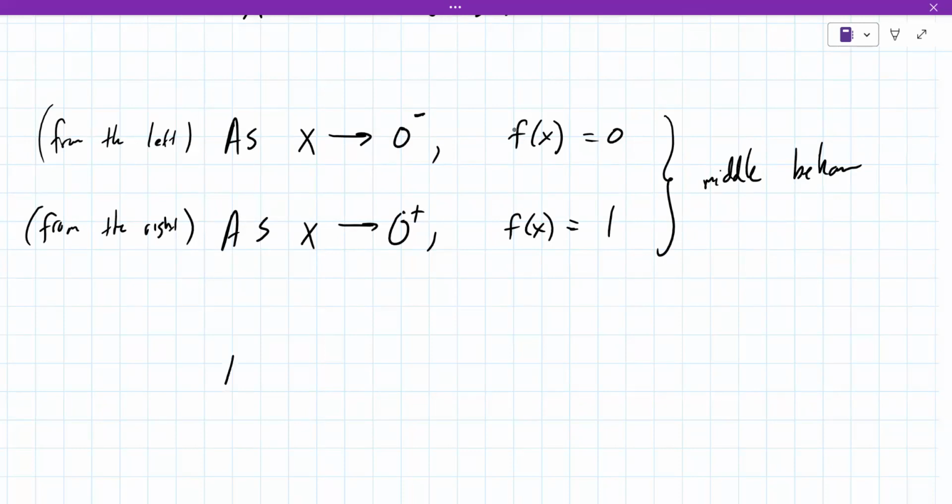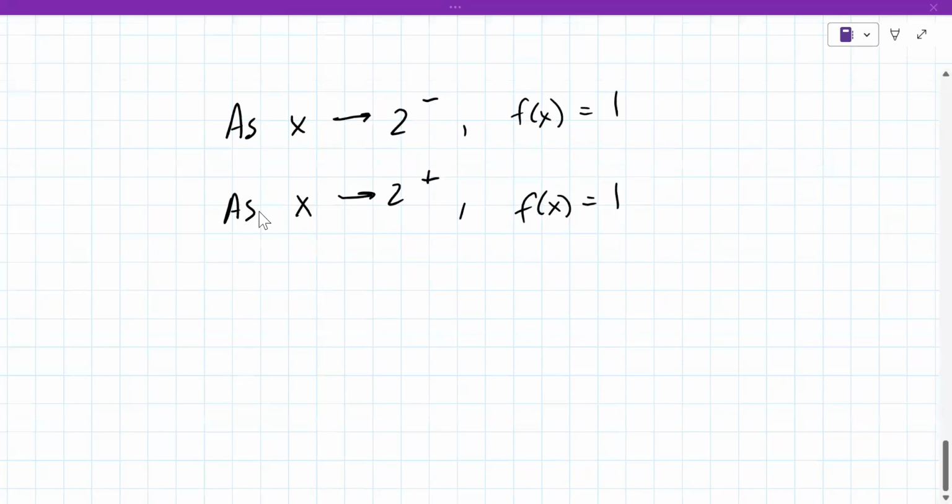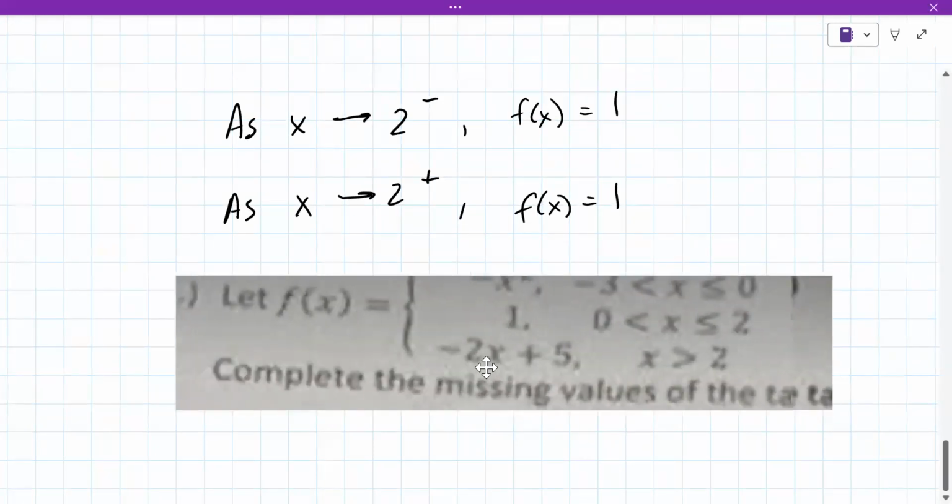Did you also need the middle behavior as x approaches 2 from the left, 2 from the right? Those ended up being the same. No, I think, why would it be 1? So I'm gonna grab the snip of the piecewise function. You're essentially evaluating it at the 2 endpoints.